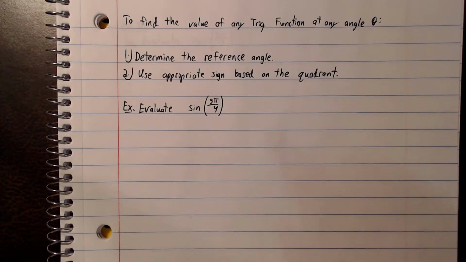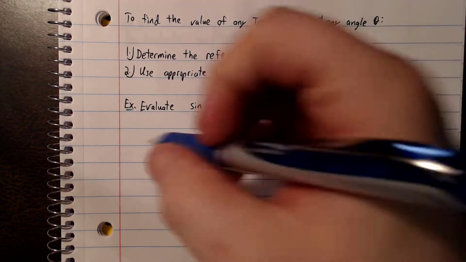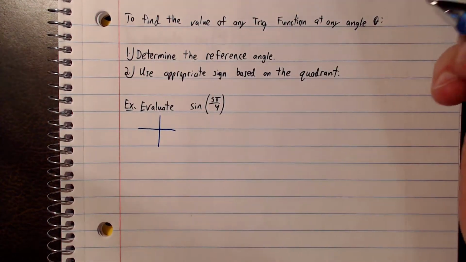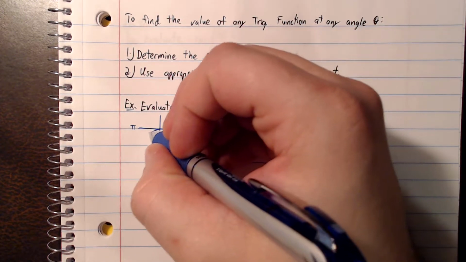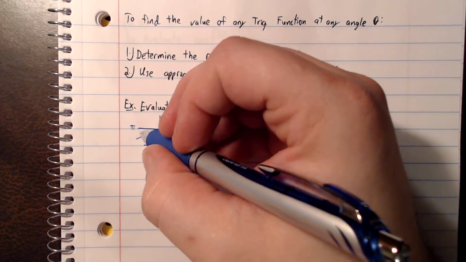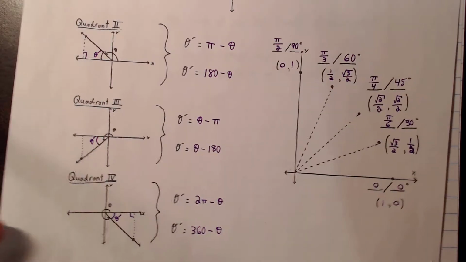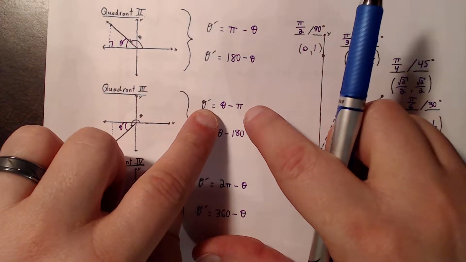Okay? So first, we're going to evaluate sine of 5 pi over 4. We need to know the reference angle. Figure out what quadrant. 5 pi over 4 is slightly more than 1 pi, so we're over here in quadrant 3. We need the reference angle. So quadrant 3, working in radians, says theta minus pi.